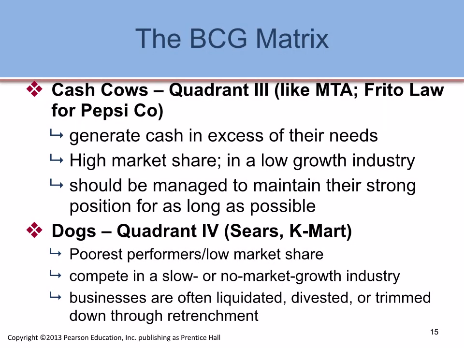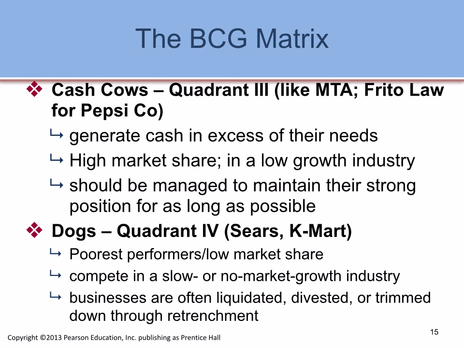Okay? So now let's look at the cash cow firms or brands or products. These firms or products are positioned in quadrant 3 of the BCG matrix. Cash cows have a high market share, but compete in a low growth industry.